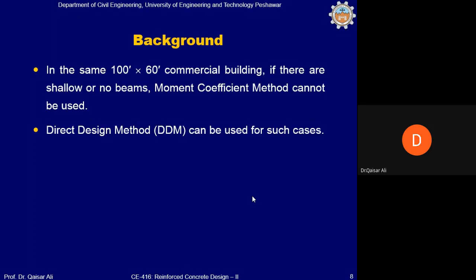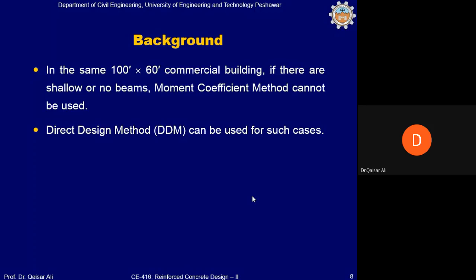Okay, so if there are no beams or shallow beams, then if moment coefficient method cannot be used, what else can we do? We can use this direct design method, which is basically a method of analysis, not a method of design. Although the name is direct design method, it is basically a method of analysis.